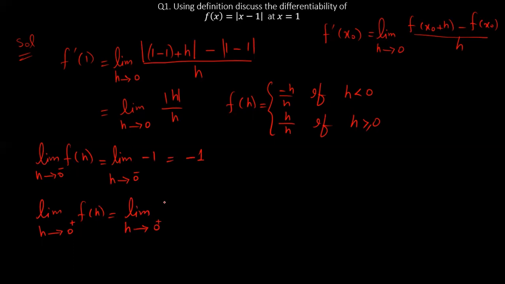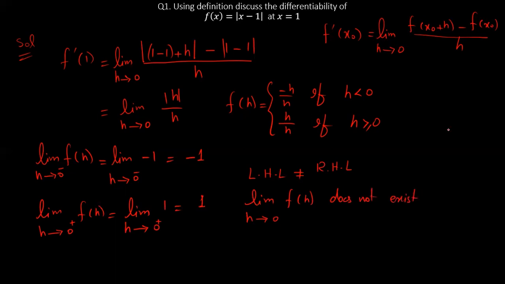and this will be 1, so we can see that our left hand limit is not equal to the right hand limit. When we see a situation like this, we can say that the limit as h approaches 0 of f of h does not exist.